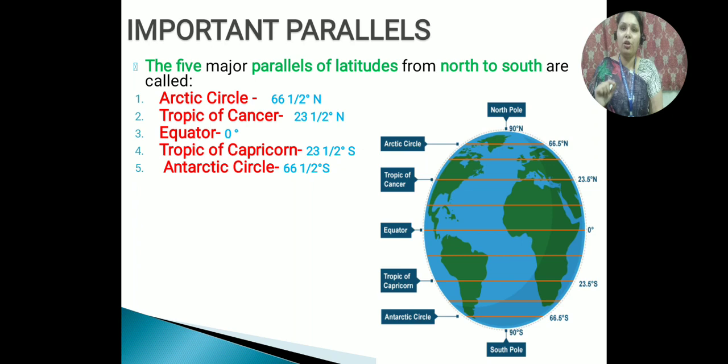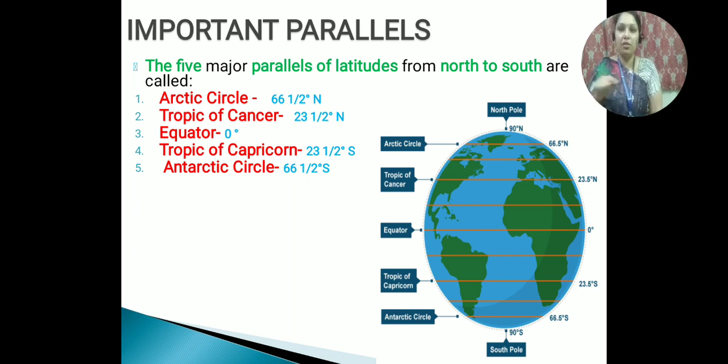The first is the Arctic Circle, second is the Tropic of Cancer, third is the equator, fourth is the Tropic of Capricorn, and fifth is the Antarctic Circle. These are the 5 important parallels on the earth which run from east to west.